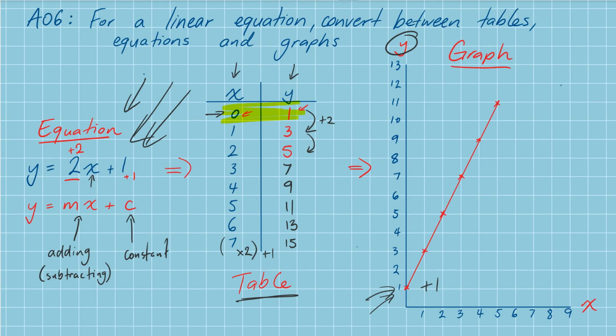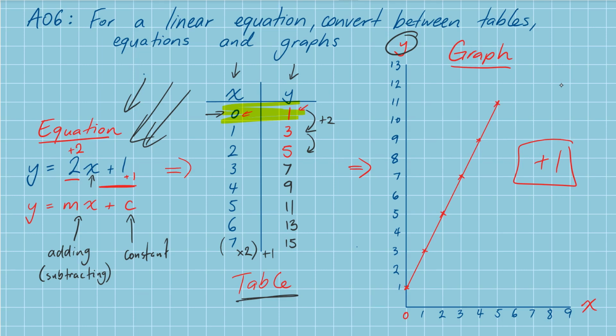When x equals 0, which is here, y equals 1. Now that's as a result of that constant we talked about. That's as a result of that c value, that plus 1. So this over here, this y equals 2x plus 1, that plus 1 is the reason for that starting point on that y-axis.